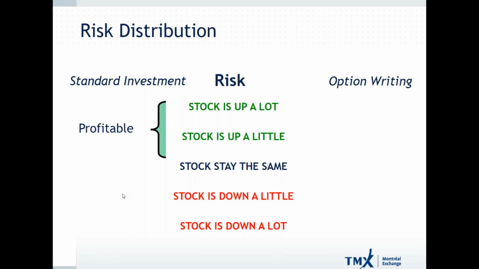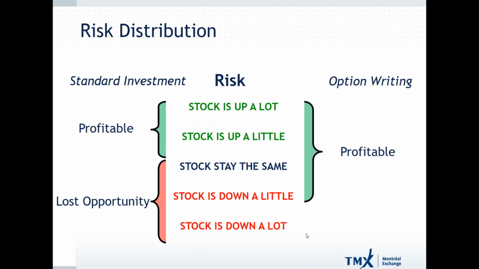Even if the stock stays the same, it's great, we're going to collect the dividend, but at the end of the day, we can only be profitable in 3 scenarios, really only 2 scenarios, because the dividends we're going to collect regardless. But what happens if the stock stays the same, stock is down a little, or stock is down a lot? We're in fact in a losing position.